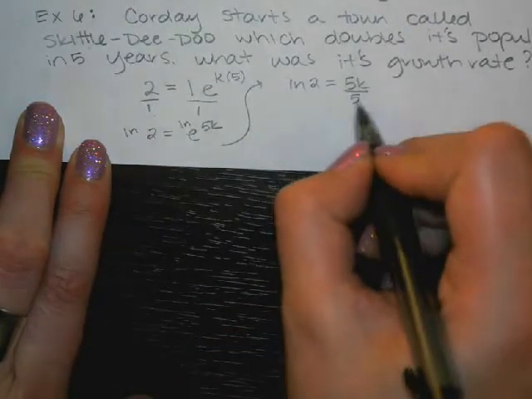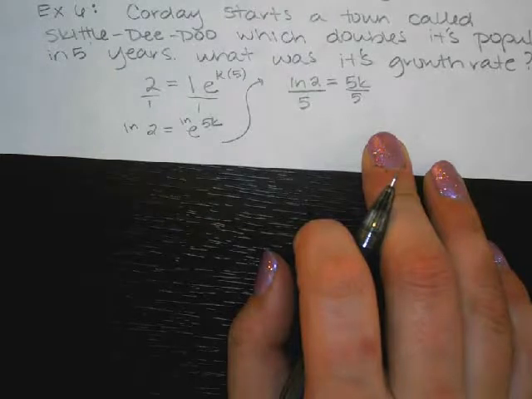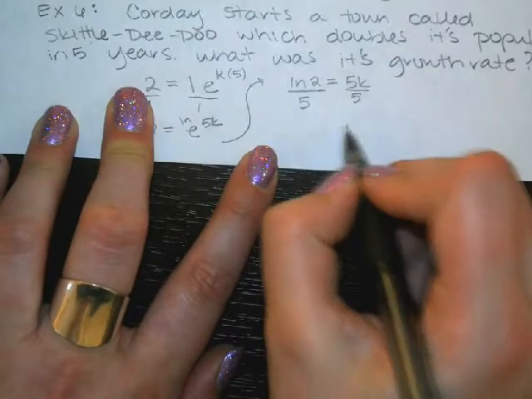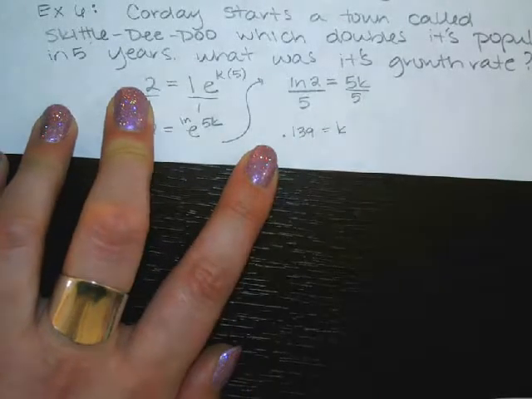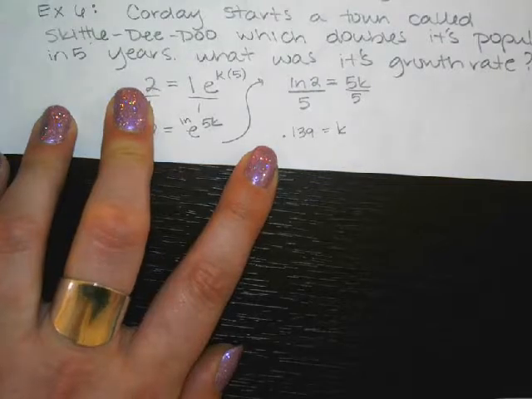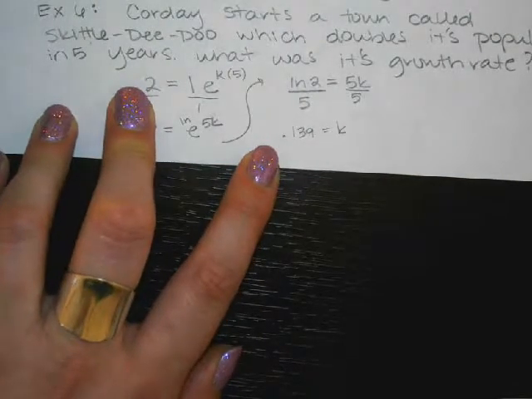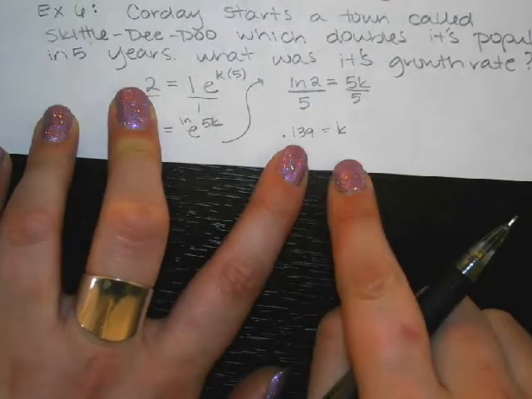Divide by 5. So ln 2 divided by 5 is... double check to make sure you ended your parentheses around your 2 before you divided by 5. Okay. 0.138, the 8 is followed by a 6, so it rounds up to 9.